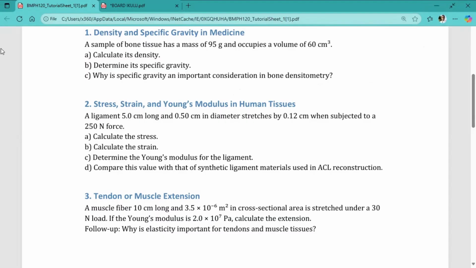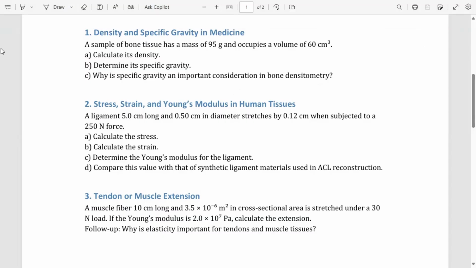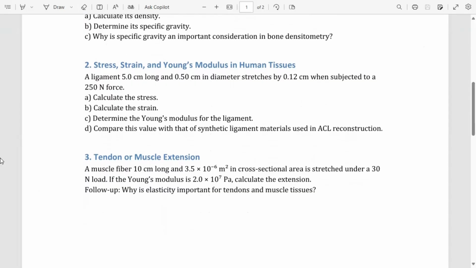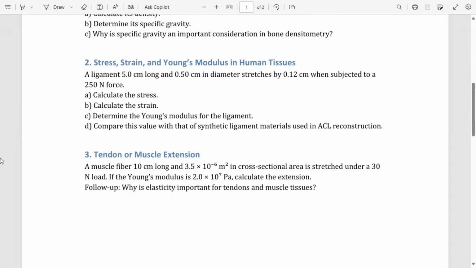As I already said, it's a very, very interesting and simple question, which only involves theory in this case. So let's look at the next question, which is question 2. Question 2 is about stress, strain, and Young's modulus in human tissues. A ligament 5.0 centimeters long and 0.50 centimeters in diameter stretched by 0.12 centimeters when subjected to a 250 newton force.